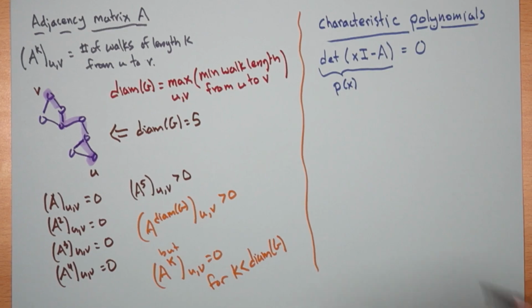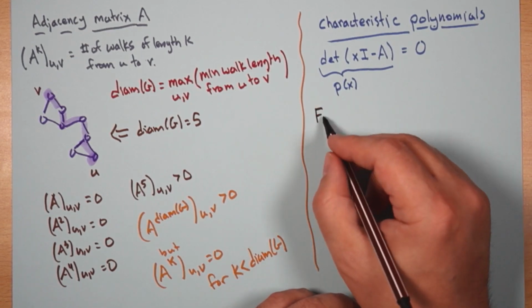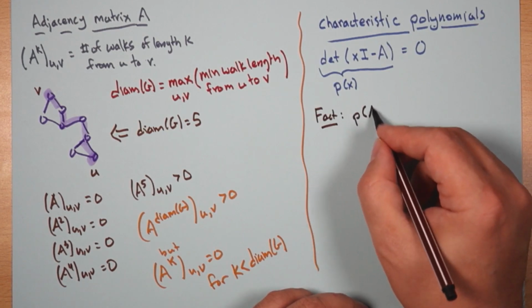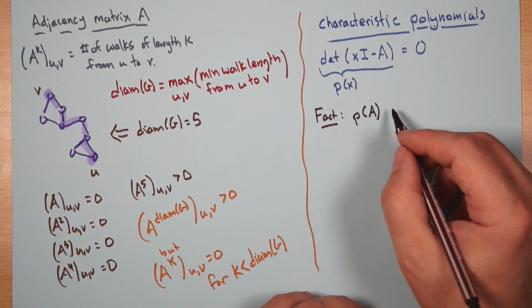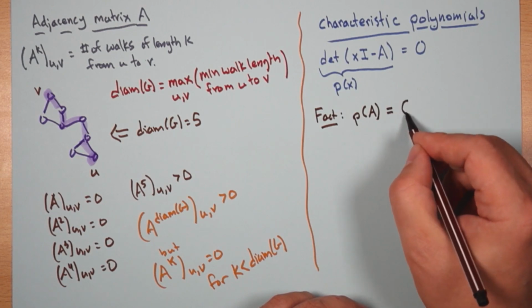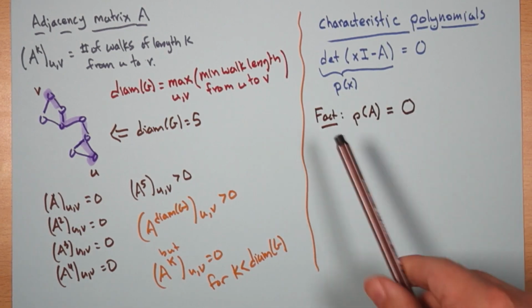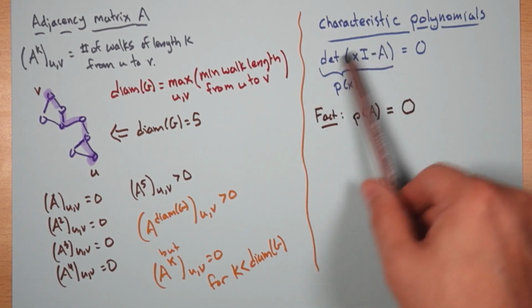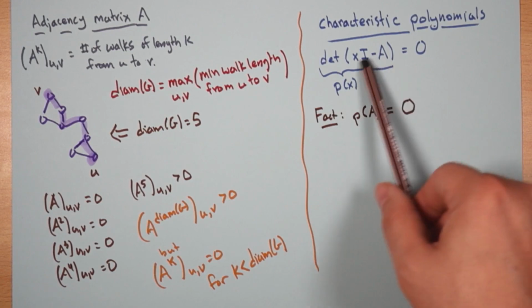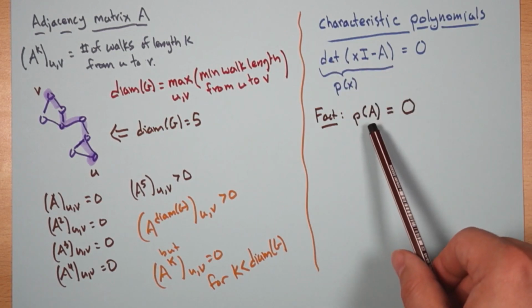And so there's this nice fact which says, hey, you can plug in a matrix into a polynomial, and when you plug in a matrix, what comes out is the zero matrix.